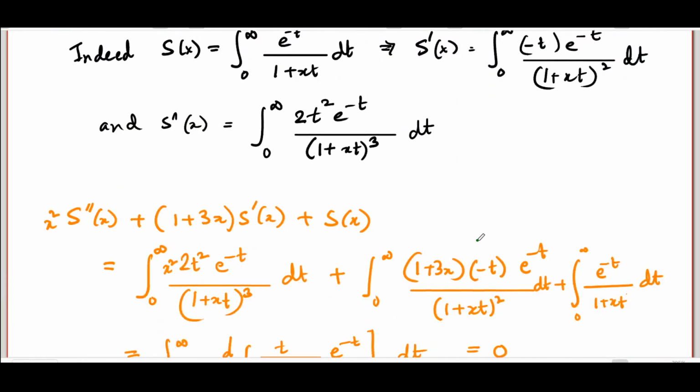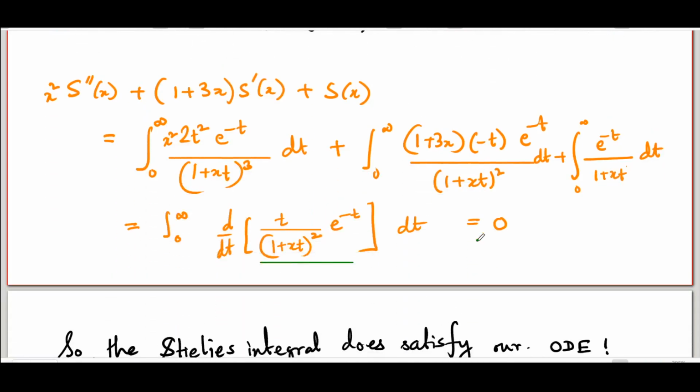But what we have obtained after all that is a perfectly legitimate well-defined function of x, in fact an analytic smooth function of x, which does satisfy my differential equation.